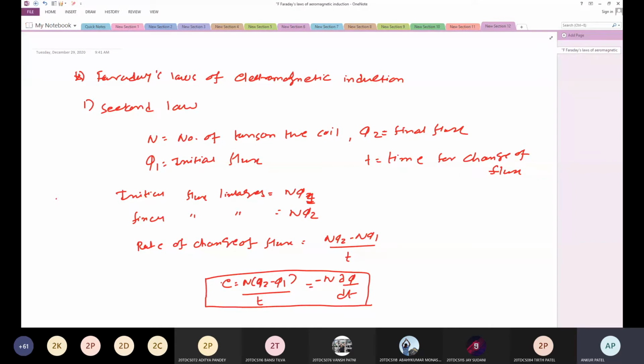So I will show through video how this Lenz law gives this direction of current. I will show the video of Faraday's law and Lenz law, electromagnetic induction.